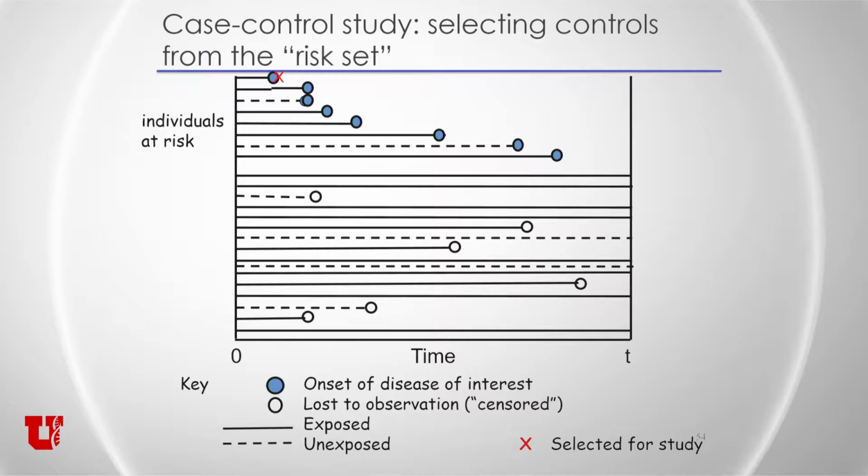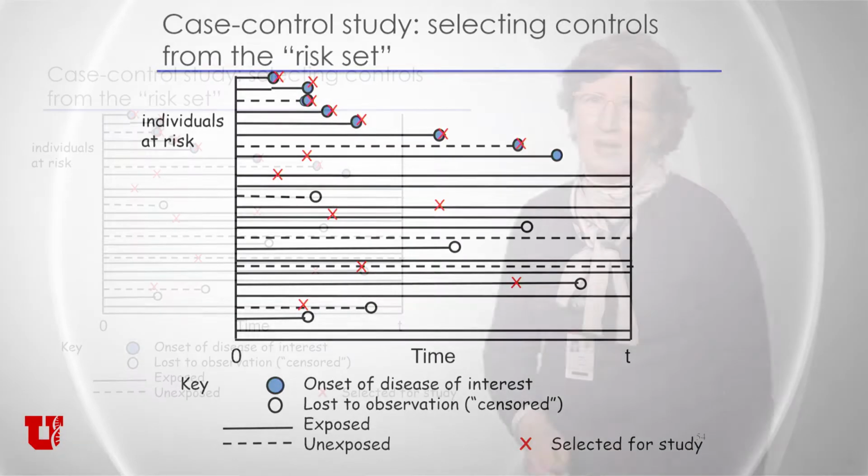So there's the case being sampled, and now here's a control being randomly sampled, so that person's horizontal line indicates that person is being sampled. Okay, now 2 more cases happen soon, so they are selected as cases. And then from the risk set, the people who are still at risk at the time that those happen, we're selecting more controls. So each time a case happens, they are selected, and then for each case, we are selecting a control from the risk set. Case, control, case, control, case, control.